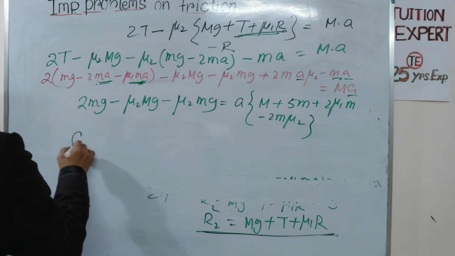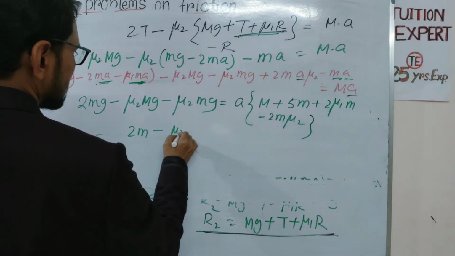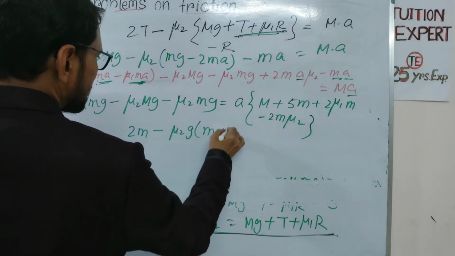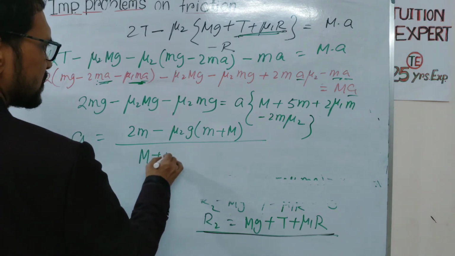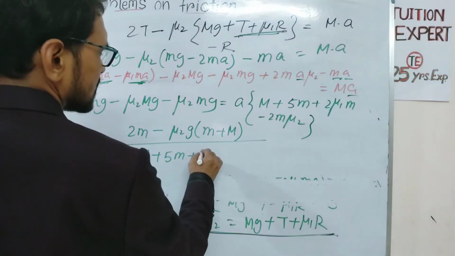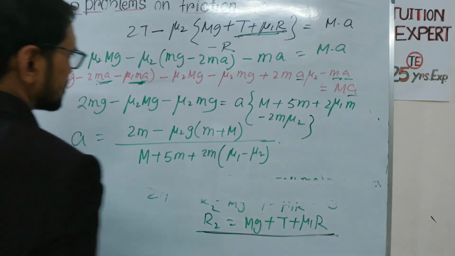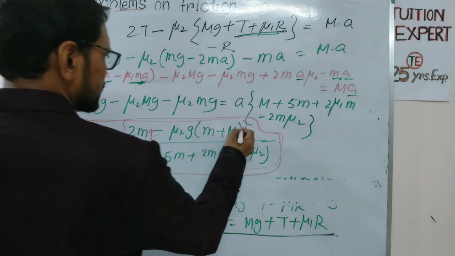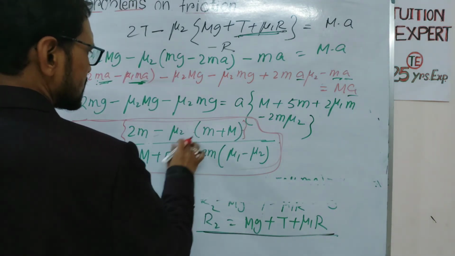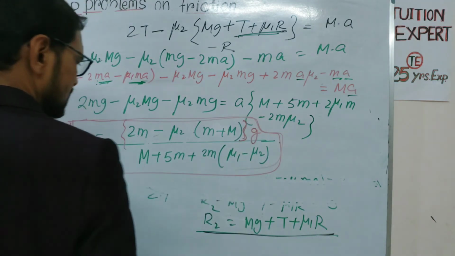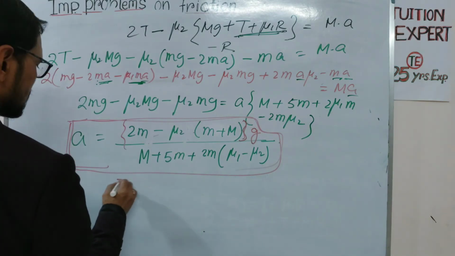So acceleration a equals 2m minus mu2 g of m plus capital M, divided by m plus 5m plus 2m common, mu1 minus mu2. So for the acceleration of the block, g is present, so take g common from this side, and you get this.